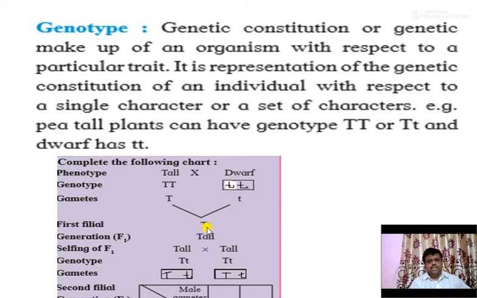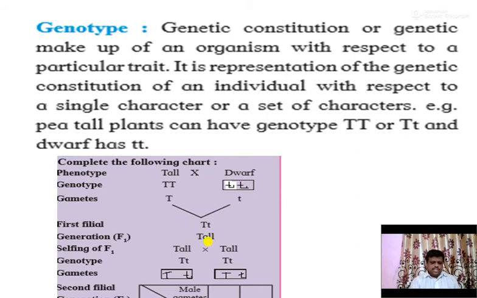The first one is dominant and the second one is recessive. It means that these two alleles are not similar. These are different alleles. So this one is called recessive, and this one is called heterozygous. So an individual possessing dissimilar alleles is called heterozygous.